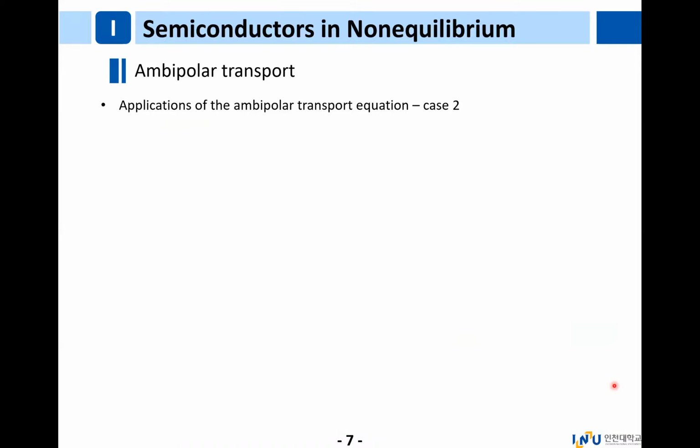On the contrary, if light is absent for a period and then continuously applied thereafter, how will the excess carrier concentration change? In this case, we can expect that excess carriers will gradually increase over time until they reach a steady state.